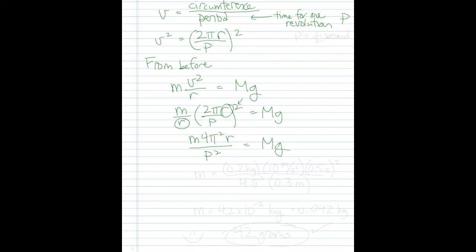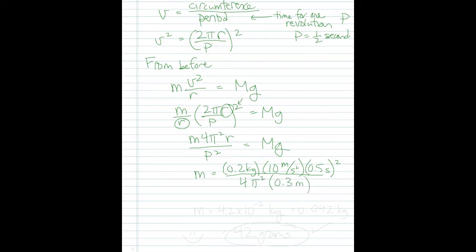And we know that p from the observation is half a second. Okay, so that means that little m is equal to 0.2 kilograms times 10 meters per second squared times 0.5 seconds squared divided by 4 pi squared times 0.3 meters.